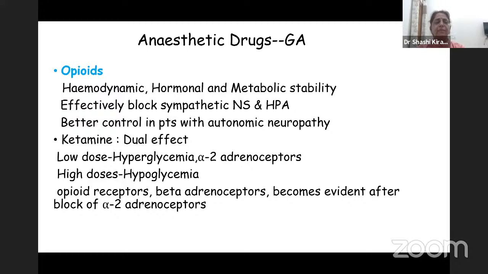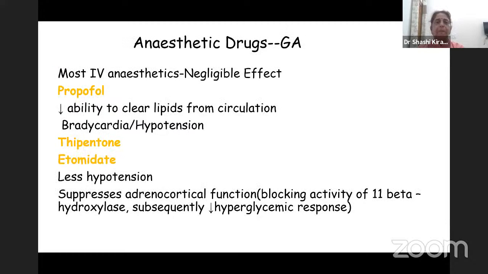Ketamine has a dual effect. Low dosages cause hyperglycemia, and high dosages result in hypoglycemia. Most of the IV anesthetics have negligible effect on intraoperative or perioperative glucose levels. The point to mention is that propofol use is associated with decreased ability to clear lipids from circulation. Thiopentone doesn't have much effect.